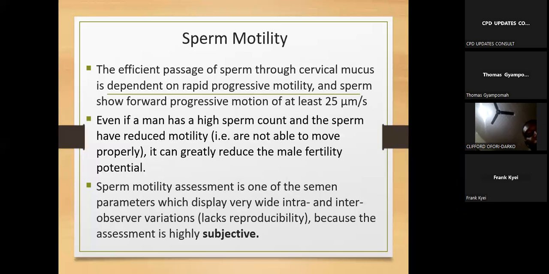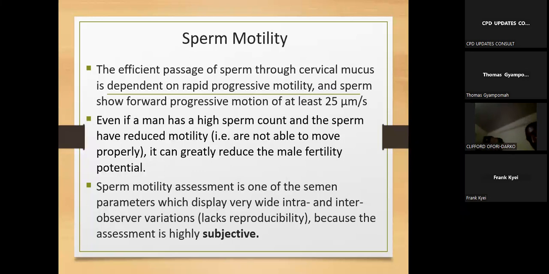Motility assessment is one of the semen parameters which display very wide intra- and inter-observer variations. What it means is that they are all subjective.